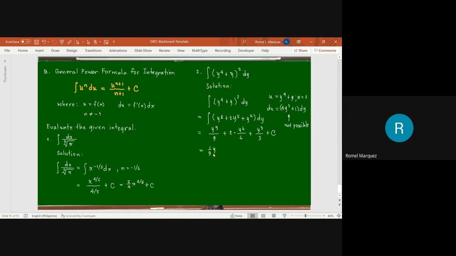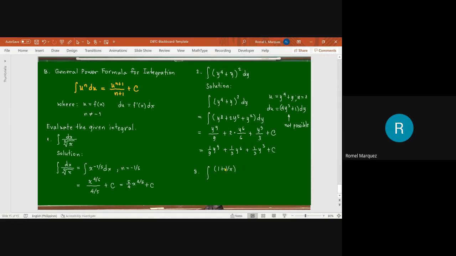What about number 3? Let's say we're given the integral of (1 plus 2 over x) raised to 7, all over x squared, dx.